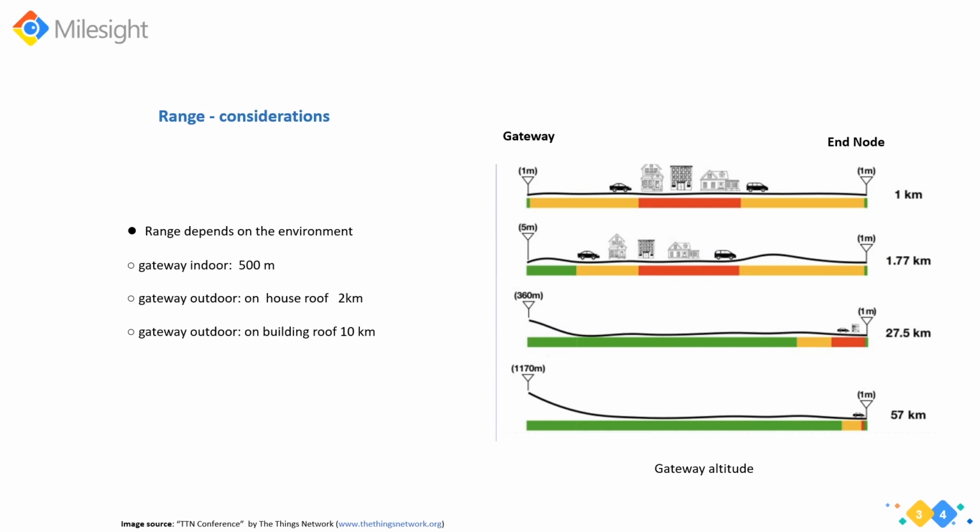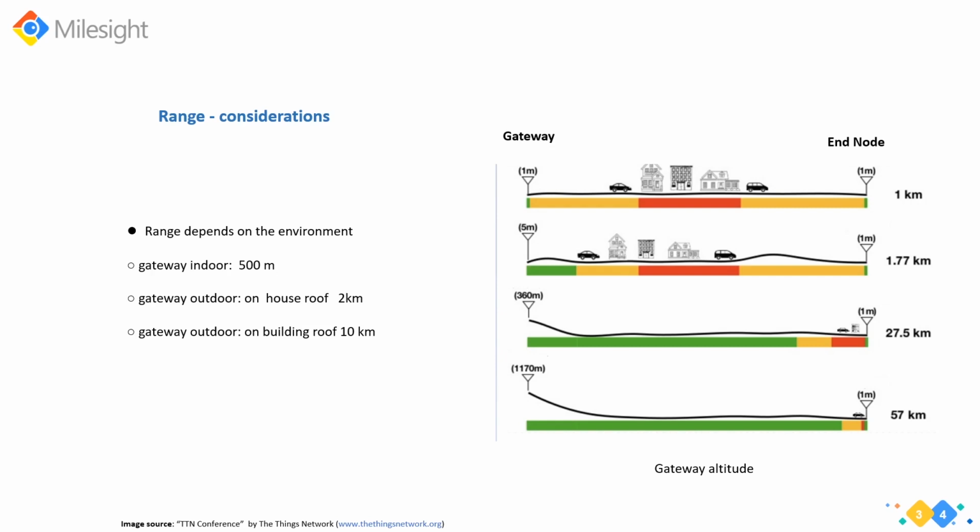And what are the considerations for big range coverage? Well, it's always better to install the gateways outside, outdoors, in open space, and at a higher altitude. Quite some testing has proven this result already. And if you ask me how many kilometers your gateway can support, it's very, very difficult to tell you the exact number because it depends on so many different factors from both the environment and the devices themselves.